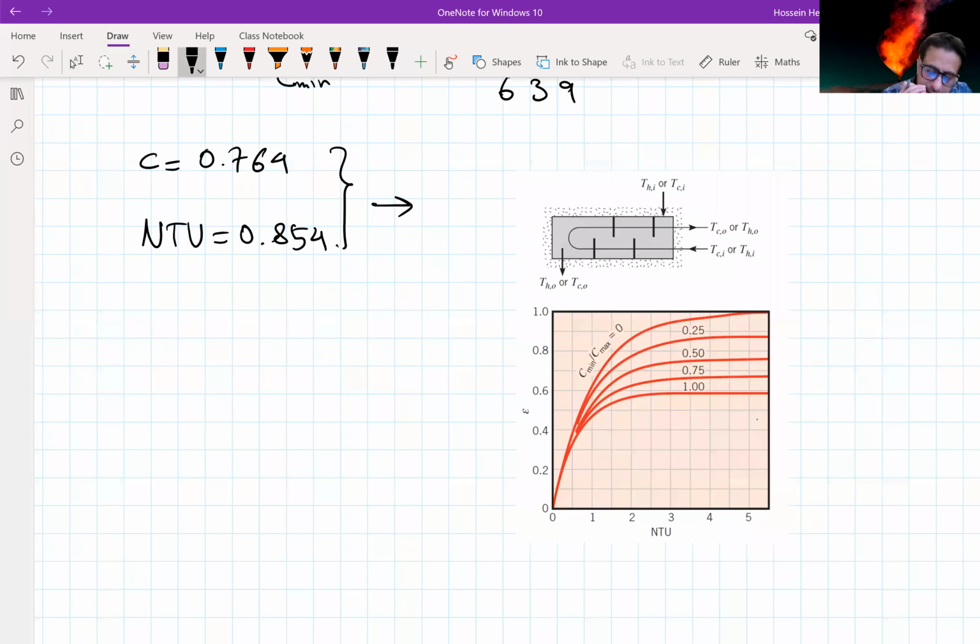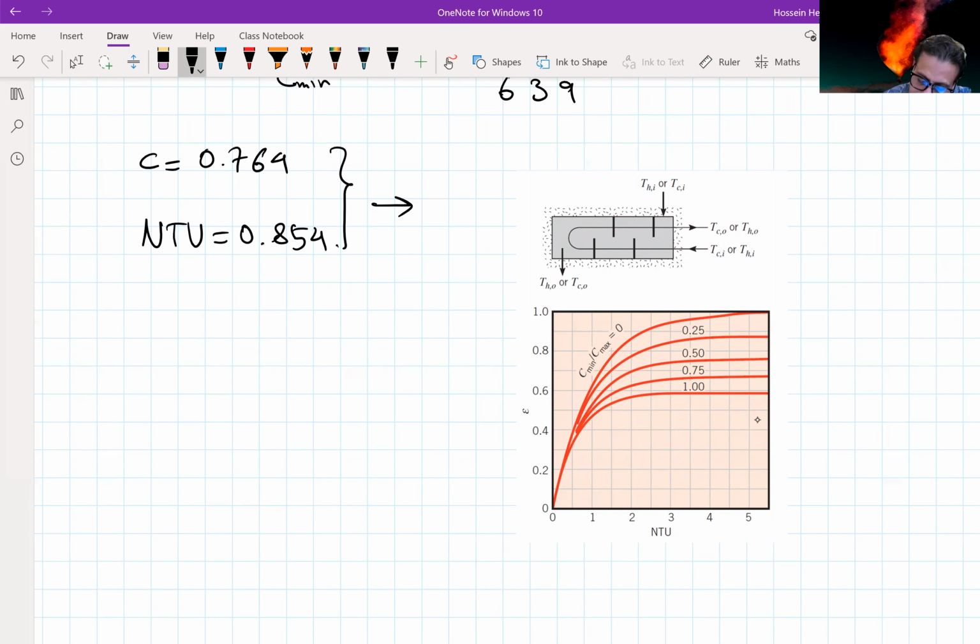So if I look at the proper plot for one shell pass, but multiple tube passes, this is the shell, and this just shows you for 2 tube passes, but it's applicable for 2, 4, 6, 8, or any number of that.